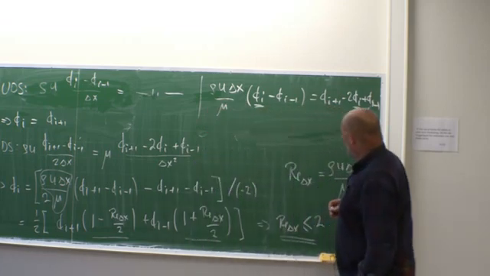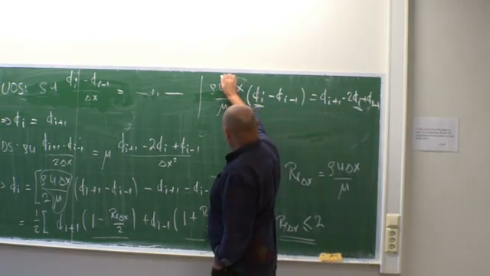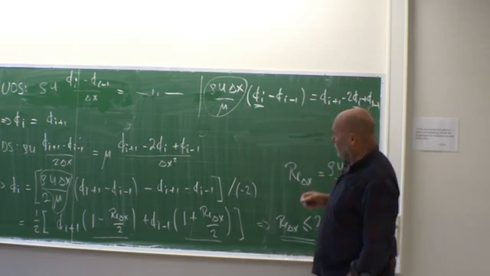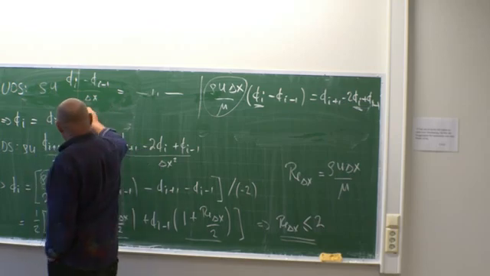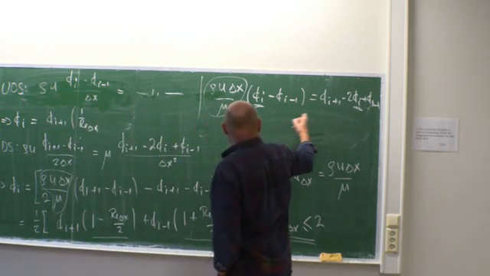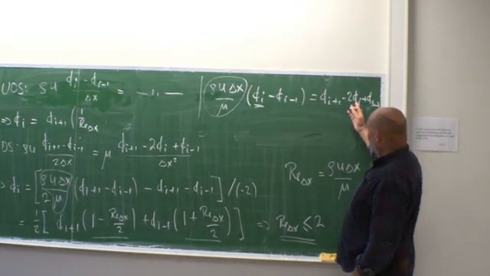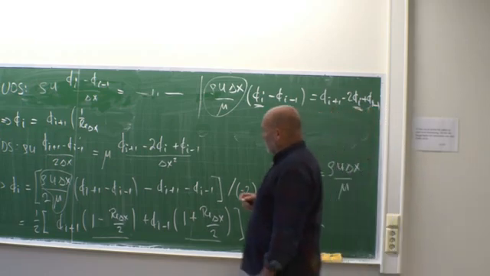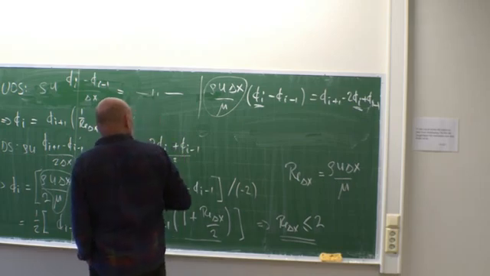It is then multiplied with what? Well, here I have the cell Reynolds number again. I have to divide by that one. So it should read 1 over cell Reynolds number from that one. And what about this one? That's just minus 2, isn't it? But it becomes plus 2. Something like that.